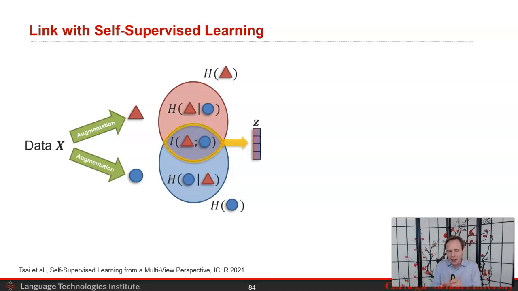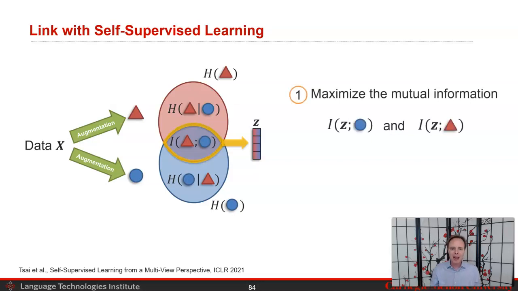In self-supervised learning, you augment: maybe you have an image and you shuffle things, or you have a sentence and you mask certain words, so that's another way of augmenting. And so you have those two views or two modalities, and then your goal is to learn the middle ground, because you created two different views, but you know that they come from the same place. So you know that the middle is what you want to maximize, and that's the mutual information.